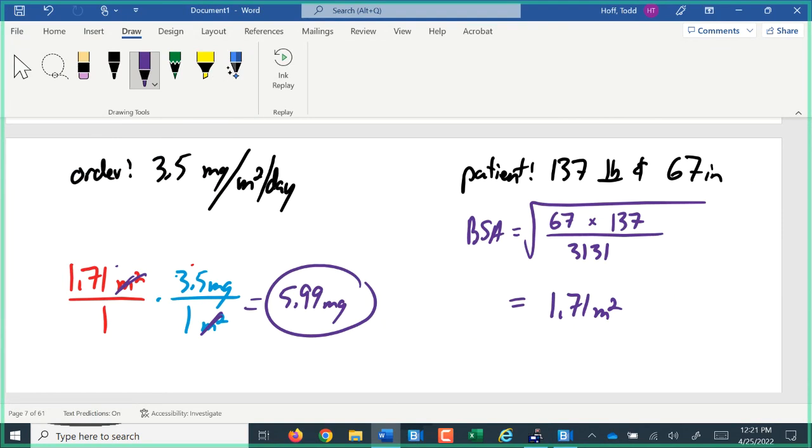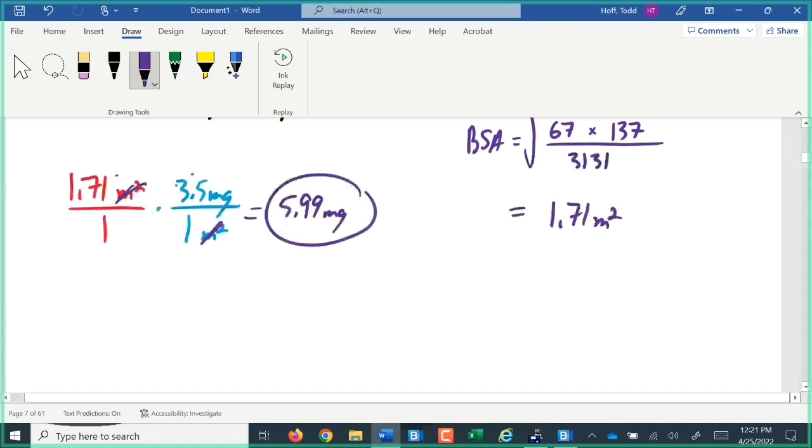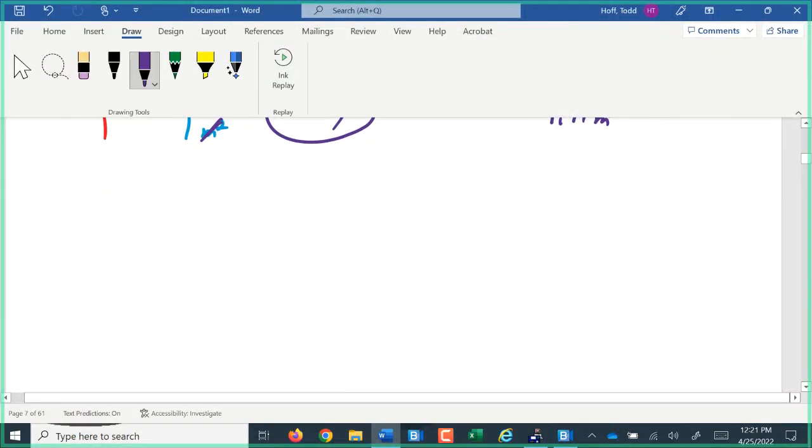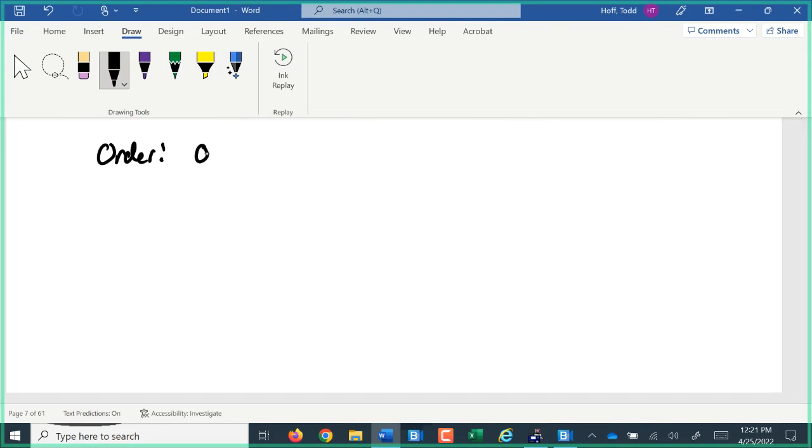You good? Oops, go ahead. 15. Okay. And okay, so we have an order for amoxil 0.250 grams orally.